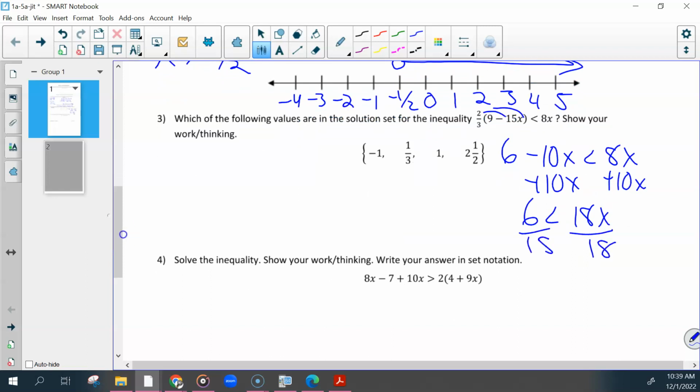Again, this will be a fraction. 1/3 is less than x, or x is greater than 1/3 if you want to switch that around. So looking at these numbers, you can either draw out a number line or you can just think about which of these would be greater than 1/3. 1/3 would not work because it doesn't have the equal to. Negative 1 is not greater than 1/3. 1 is, 2.5 is. Questions on that one?